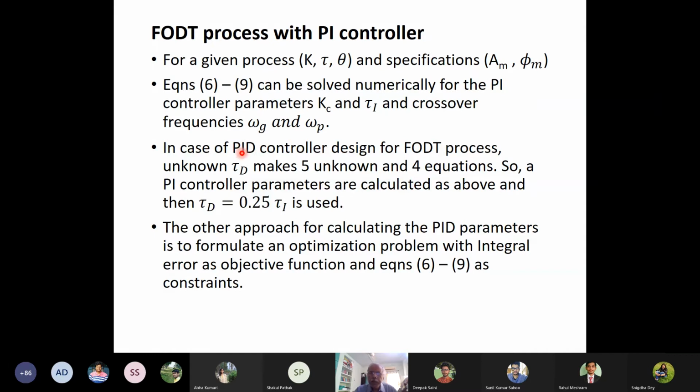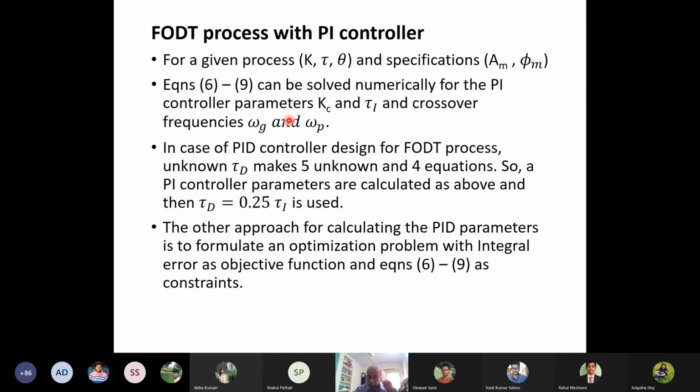We implement these PID equations on the process and we see the response. And based on some other specifications on the response, we vary these relationships so that we can get a desired response. That we can do by trial and error method.